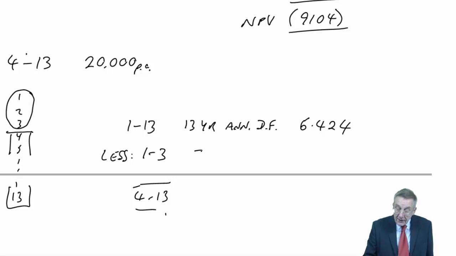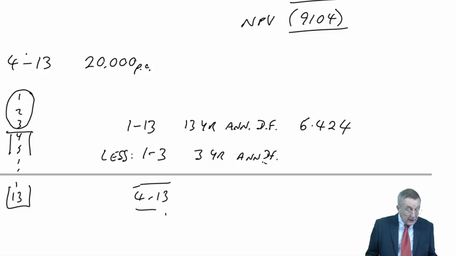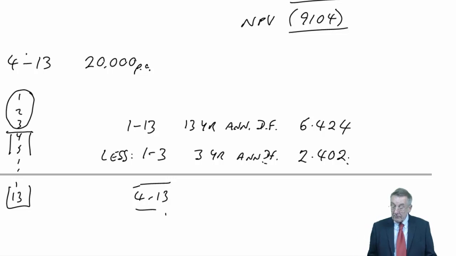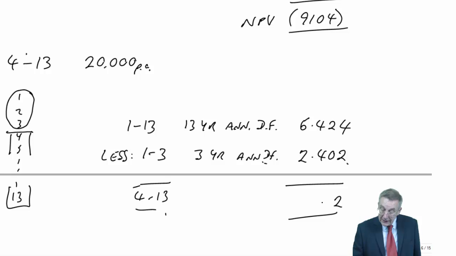Well, 1 to 3 is the 3-year annuity factor. And 3 years, again, what was the interest? 12%. Is 2.402. And therefore, the total for 4 to 13 is the difference of 4.022.